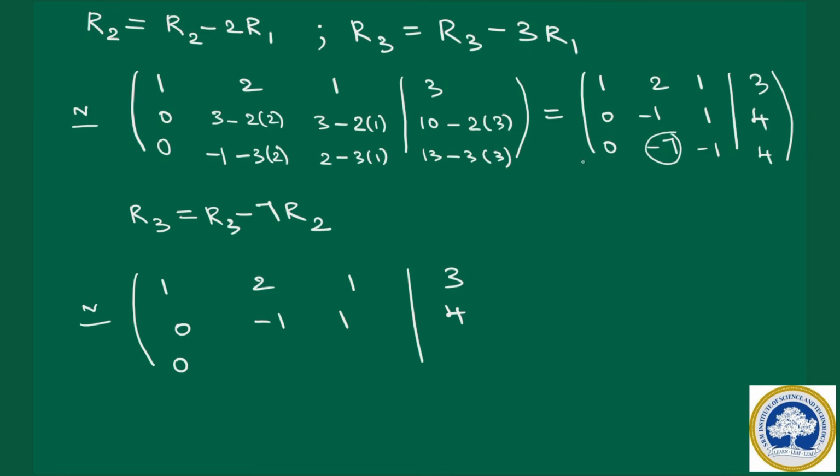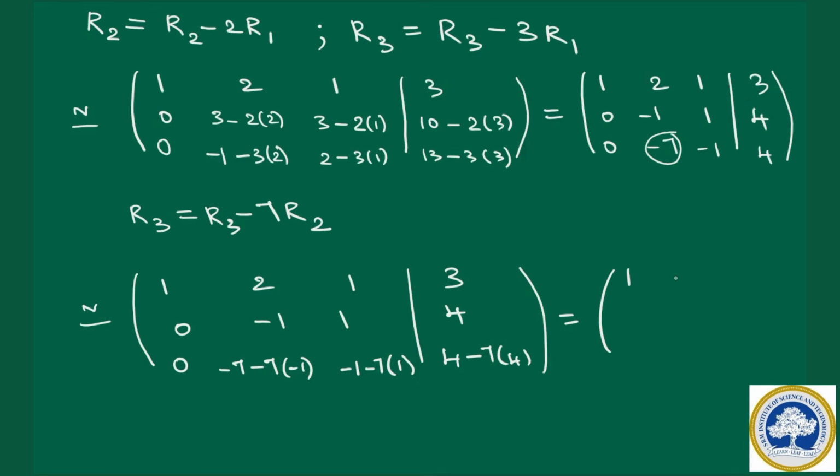So 0. Now for the second element, R3 is minus 7 into R2 is minus 1. Similarly for this element, minus 1 minus 7 into R2 is 1. Again here, 4 minus 7 into R2 is 4. So like this you have to do the calculation.